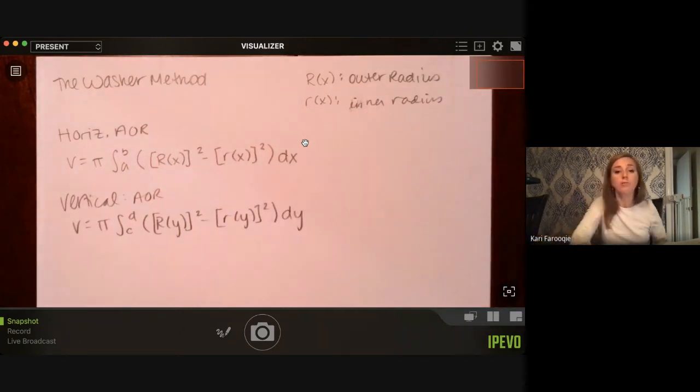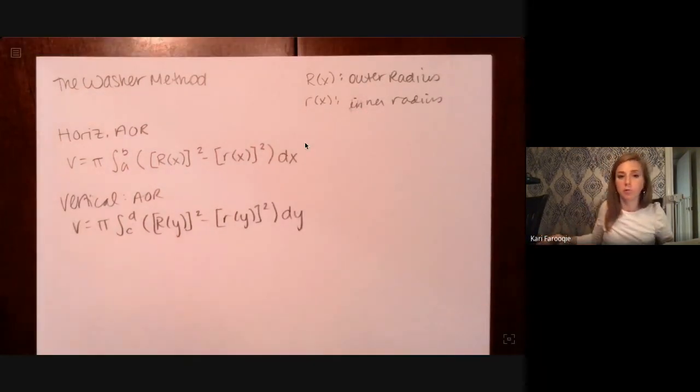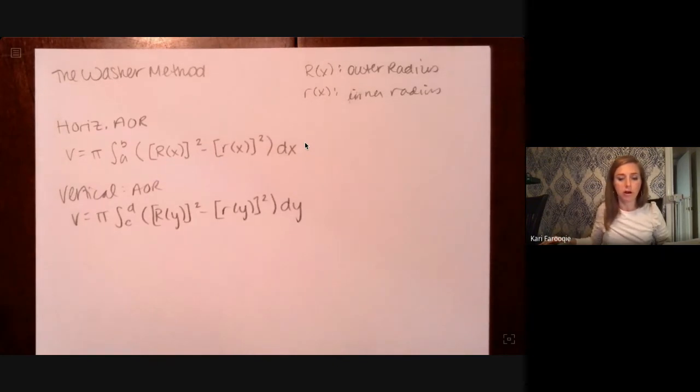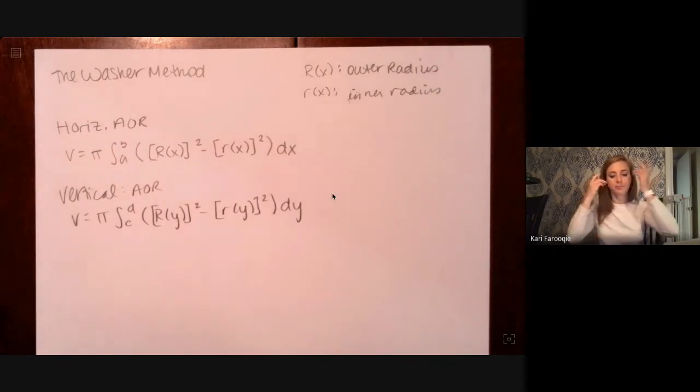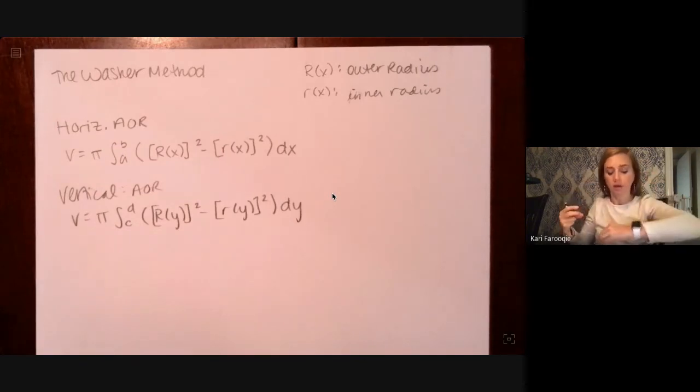So my goal in the next couple of examples is to really help you figure out, first of all, do I have a disk or do I have a washer? Second of all, if I have a disk or a washer, what's my radius? What are my radii if I have a washer? So we'll look at these.